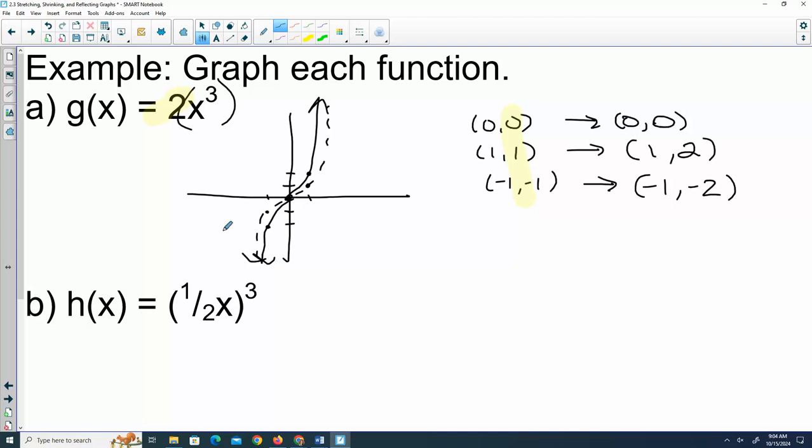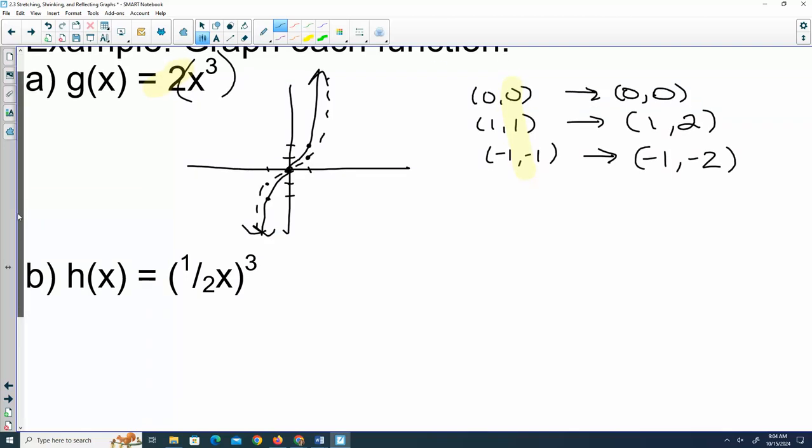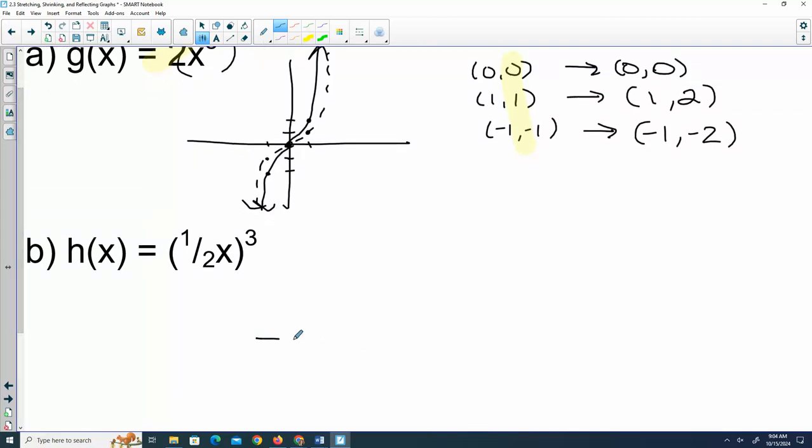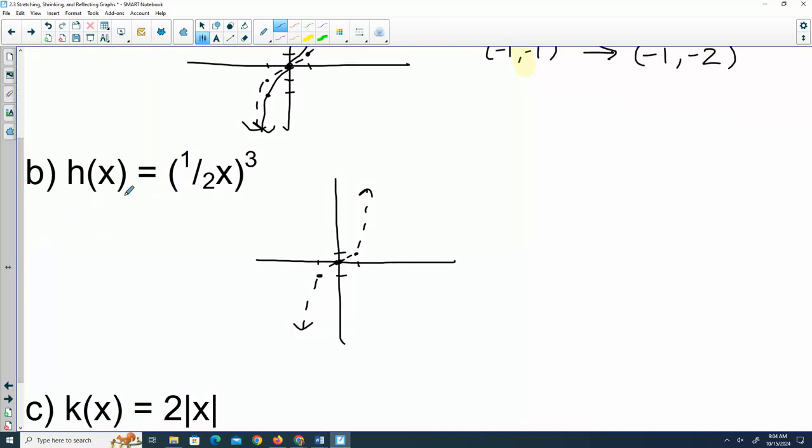If I said 1/2 x cubed, so it's the same parent function. It's on the inside now.